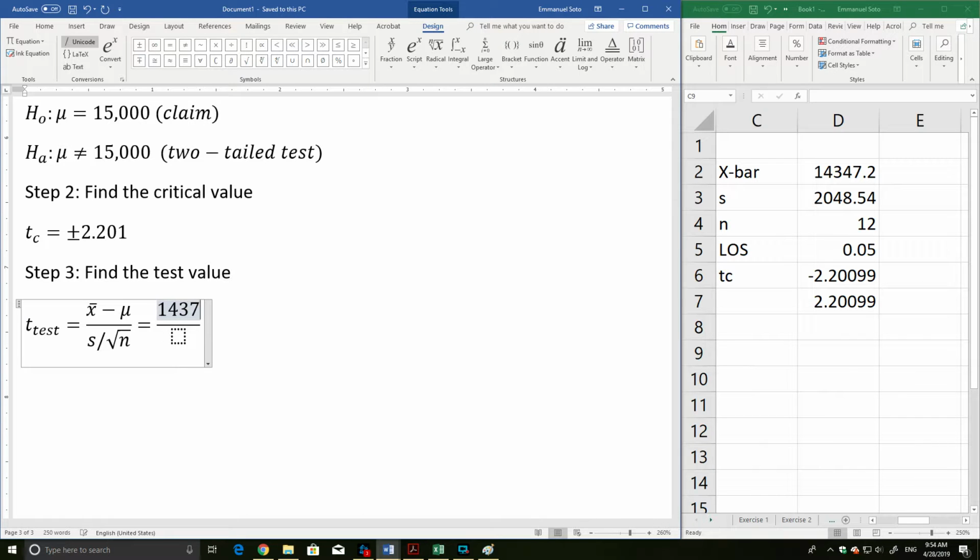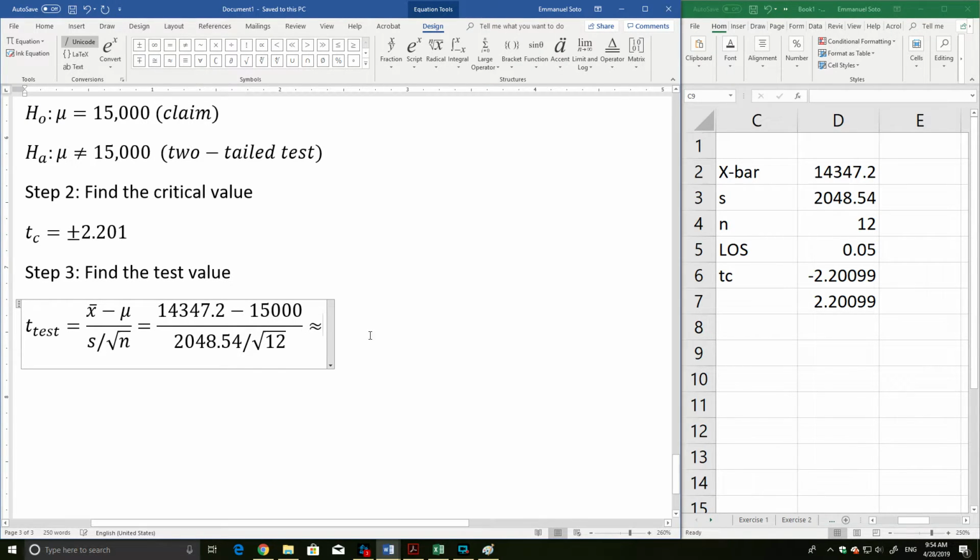So we're going to type that up. Minus mu, our mu is our hypothesis, so 15,000. Divided by our s we found on Excel. And we want to do the square root of 12. Okay, and then we're going to say this is approximately equal to, you can use this approximately symbol. And then we'll calculate what that is on Excel.